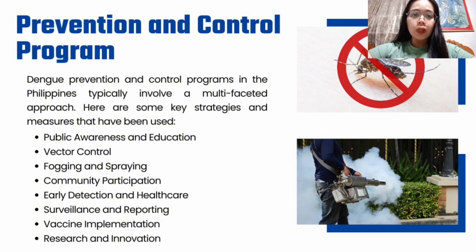It is important to note that the specific strategies and programs may evolve over time based on the dengue situation in the Philippines and the effectiveness of various measures. Always refer to the latest guidelines and information from the Philippine Department of Health or relevant health authorities for the most up-to-date information on dengue prevention and control.